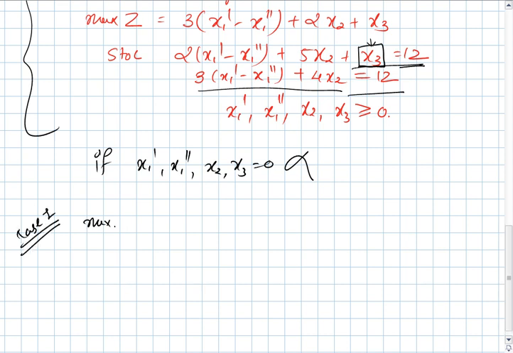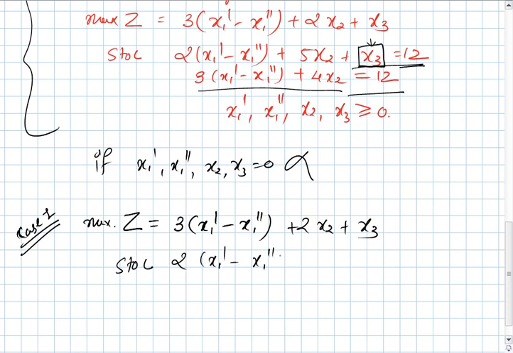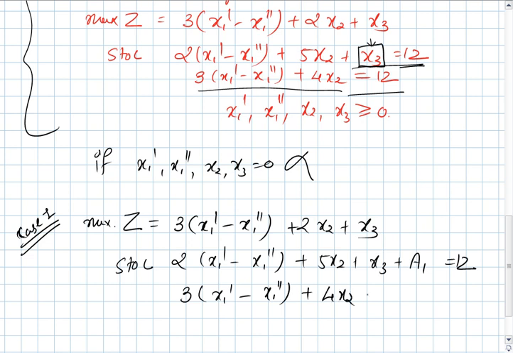Maximize z equals 3 x1 dash minus x1 double dash plus 2x2 plus x3, subject to the constraints 2 x1 dash minus x1 double dash plus 5x2 plus x3 plus a1 equals 12, and 3 x1 dash minus x1 double dash plus 4x2 plus a2 equals 12.